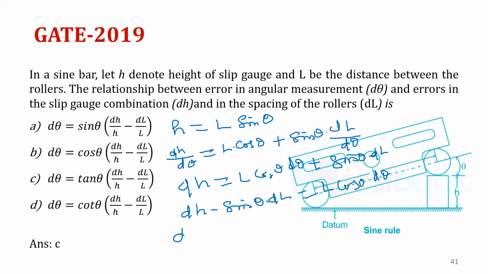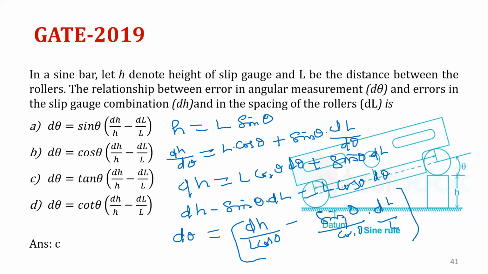So d theta is equal to dh by L cos theta minus sine theta by cos theta into dl by L.